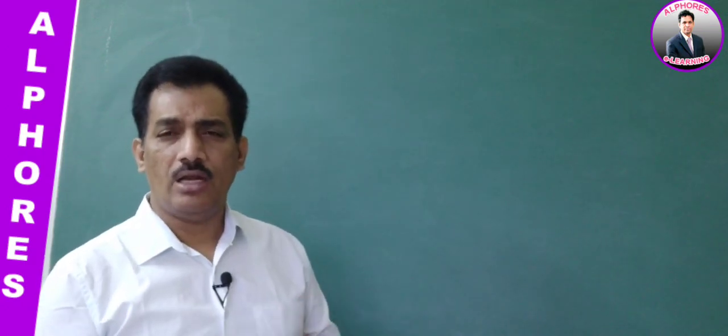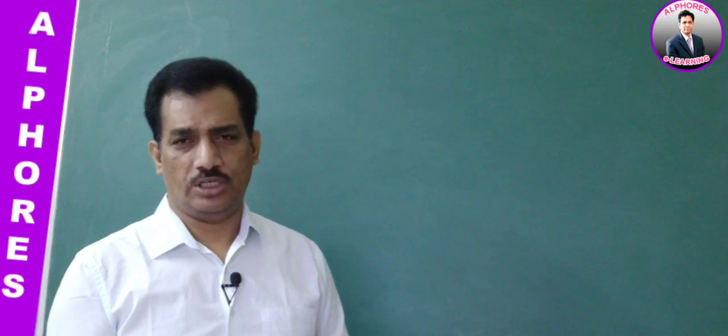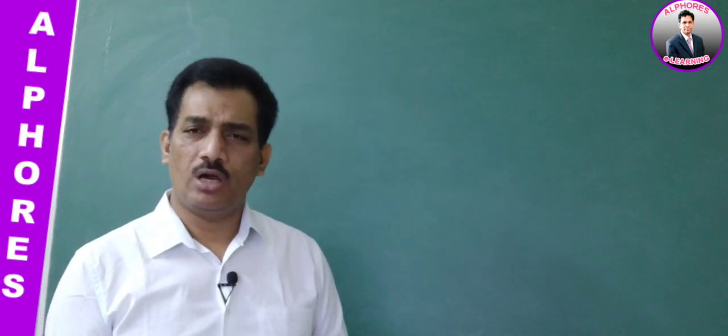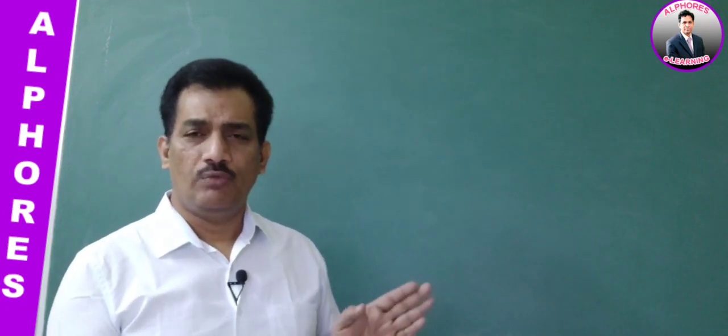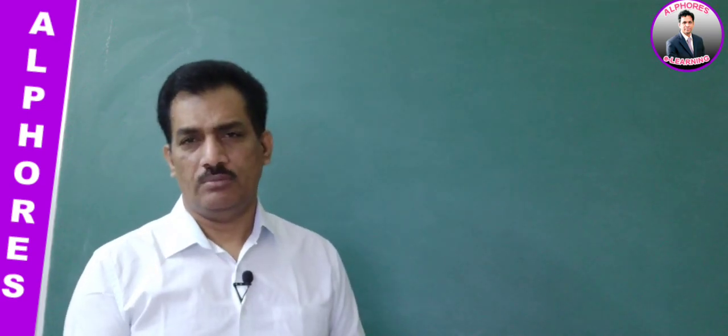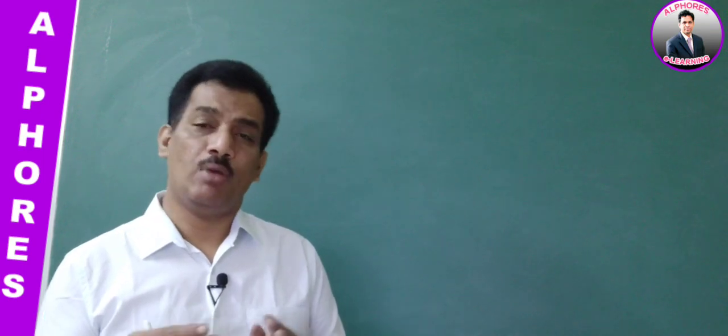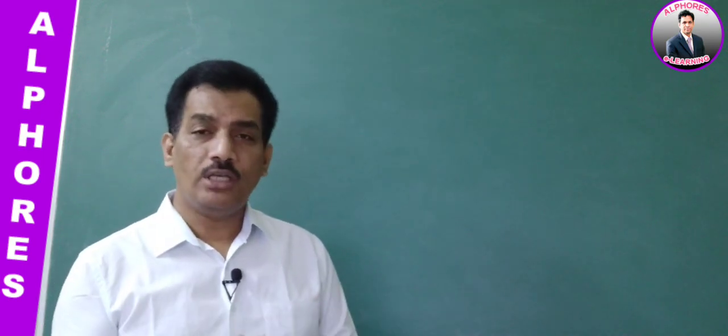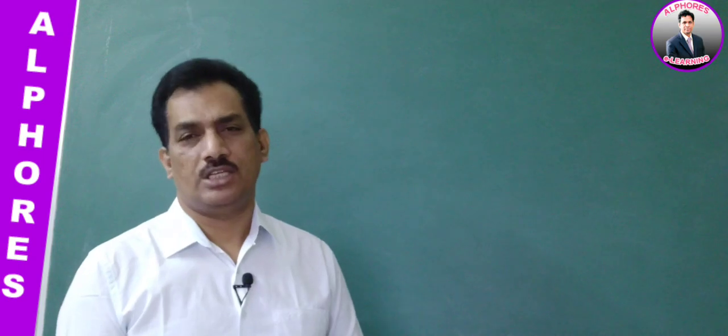The ion electron method is a board exam question, whether for the intermediate board or the CBSE board. It is important for board examinations, but it also has equal or high importance in understanding the balancing of equations.